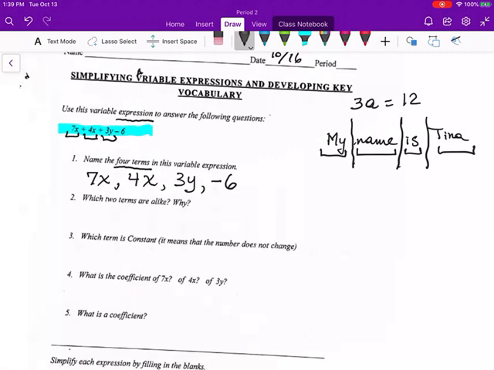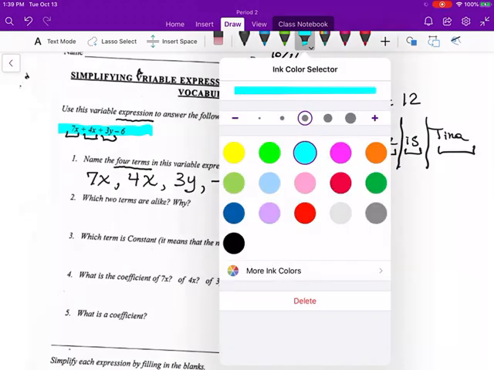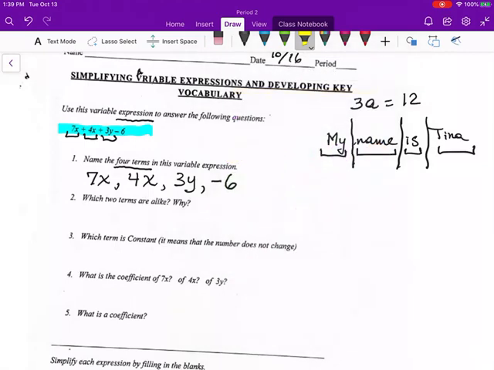Now looking at the four terms, it says which two terms are alike. In other words, which ones look alike? And they're saying there's only two of them. Which two terms are alike and why? Well, if I look at similarities, the 7x, the 4x, and the 3y are positive, but it says which two terms are alike, so that doesn't help.